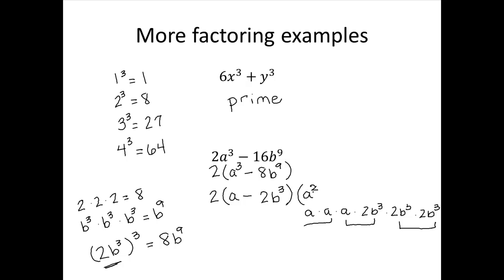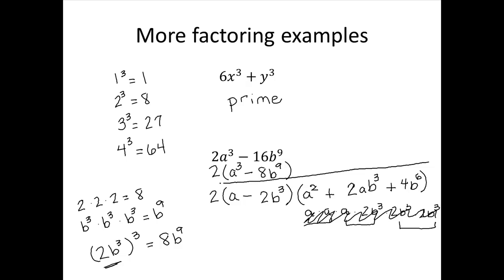My next sign is going to be a plus because my first one was a minus, and the middle sign is always the opposite of the first. A times 2b to the 3rd is 2ab to the 3rd power. The last sign is always a plus, and I get 4b to the 6th power. This is not a part of my answer.